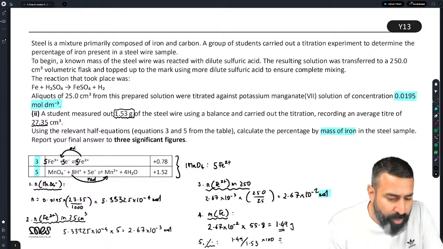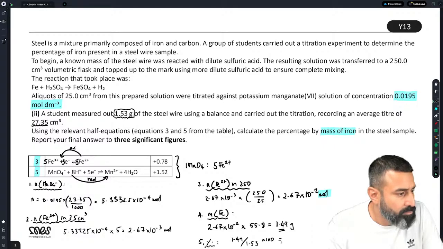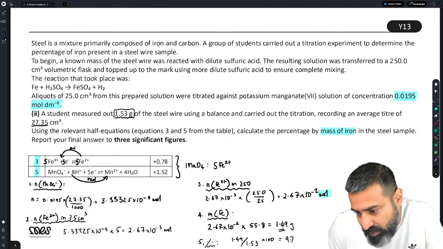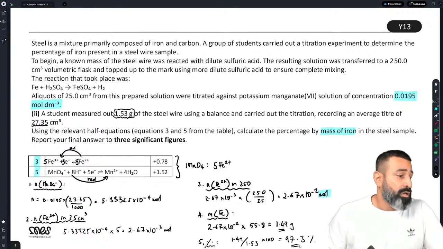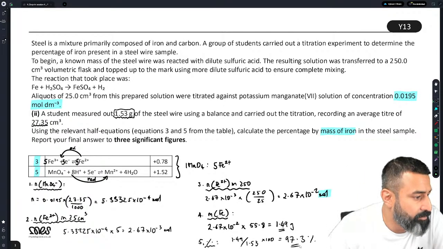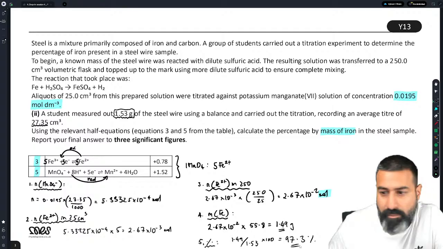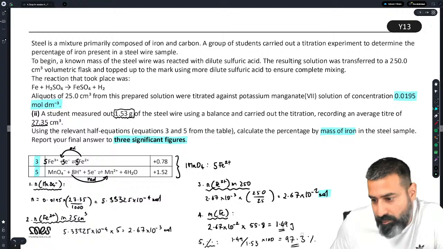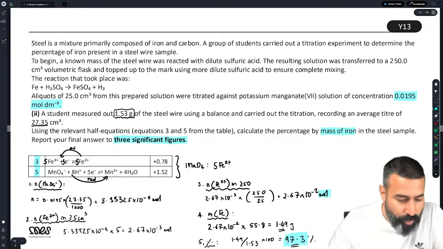Do we get 97.3 or 97.4? Yeah, 97.3 and 97.4, whatever. Depends on your rounding. Does that get me the mark? Is that to 3 significant figures? Yep, it is to 3 significant figures, and we move on.